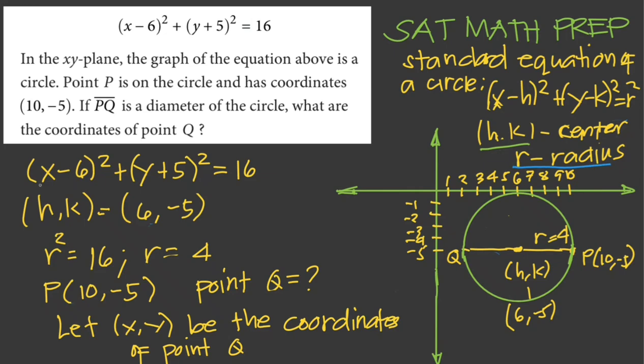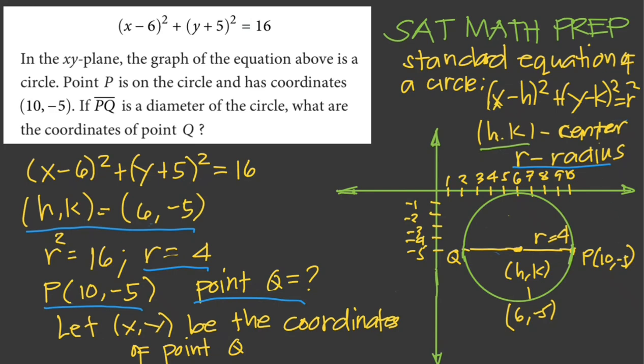From the equation given, (x - 6)² + (y + 5)² = 16, the center is (6, -5), and the radius is 4. Given the point on the circle, (10, -5), we need to find the coordinates of point Q.